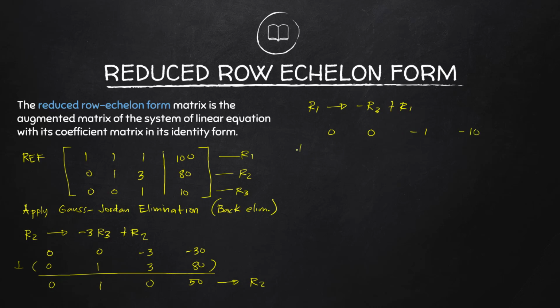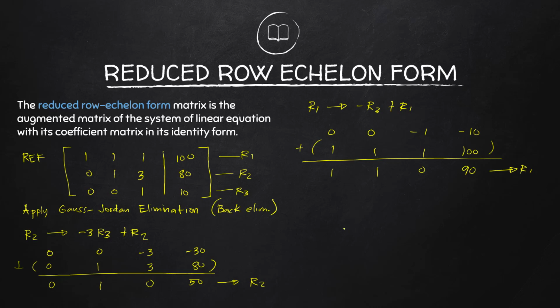And then add your row 1. This will become 1, 1, 1, and 100. We will arrive with 0 plus 1 is 1, 0 plus 1 is 1, negative 1 plus 1 is 0, and this will become equal to 90. We have your new row 1.